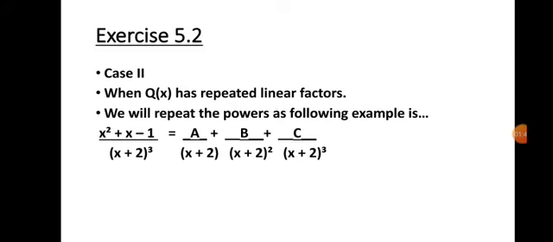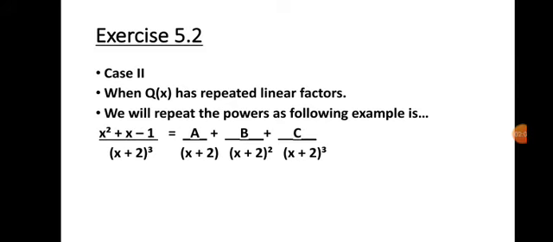The given rational fraction is a proper fraction, so we are not going to divide it, because the degree of the numerator is 2 and the degree of the denominator is 3. That's why we will not divide it. We just make the partial fractions of it.